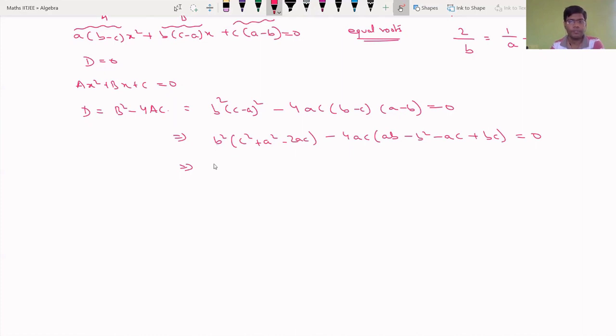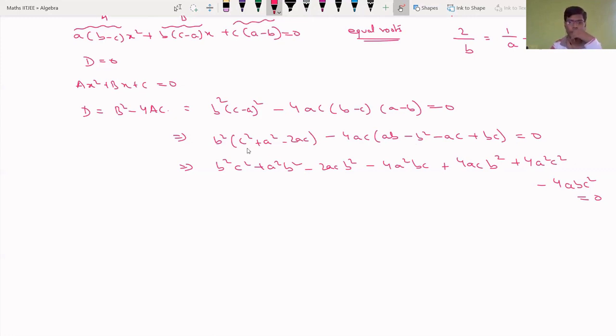So let's go ahead simplifying. b square c square plus a square b square minus 2ac b square minus 4a square bc minus 4ac, plus 4a square c square minus 4ab c square is equal to 0. So this is the expression which we have got.